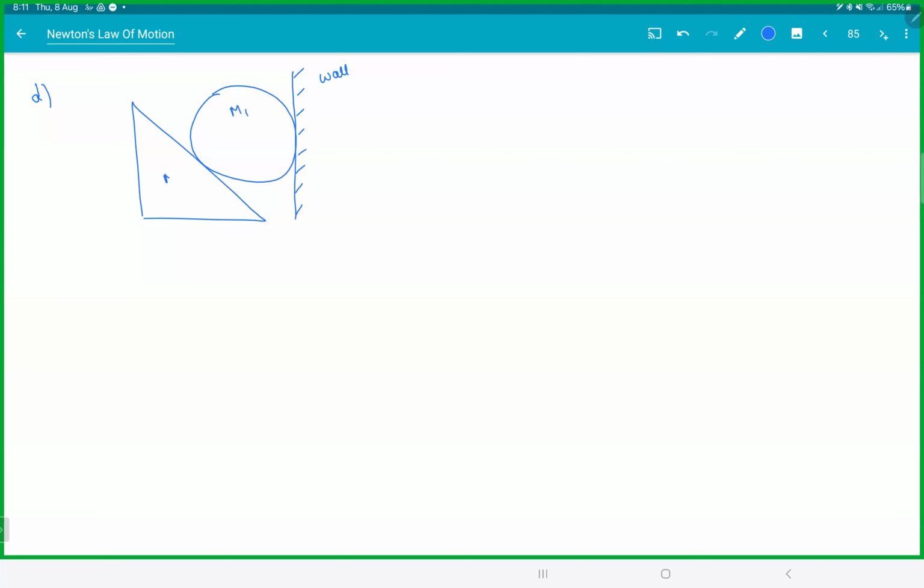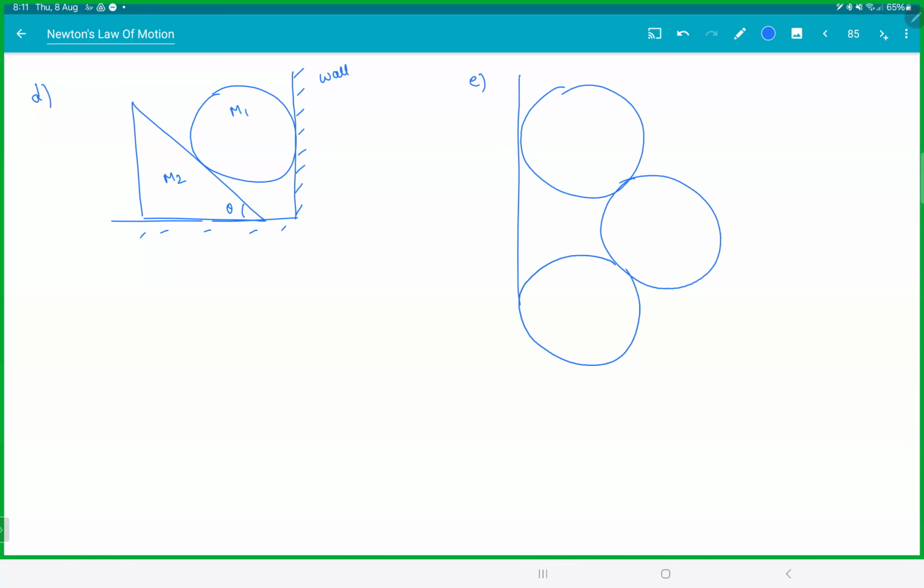That's a wall. That's M1 and that's M2. Get them both. Try.